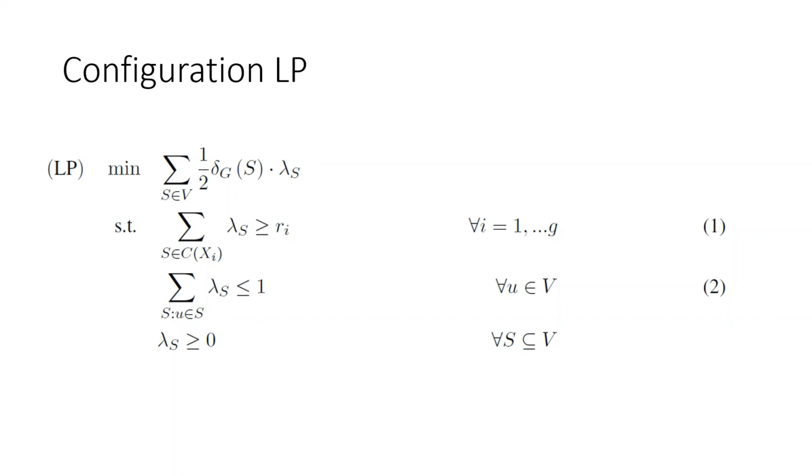And the second constraint is for the overlapping problem. And so we make sure that the sum of the lambdas of all the cuts is bounded by 1, to make sure the overlapping won't interfere with our solution.